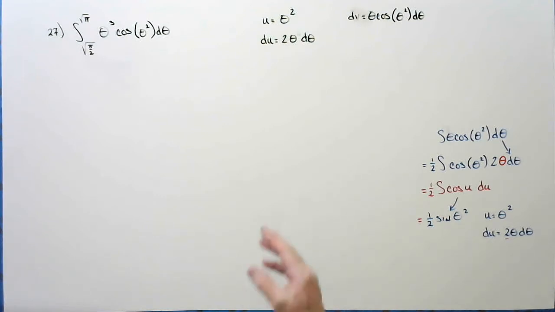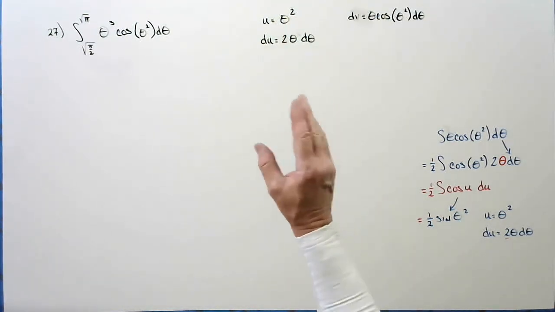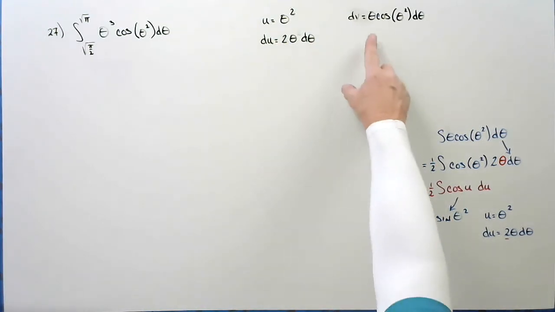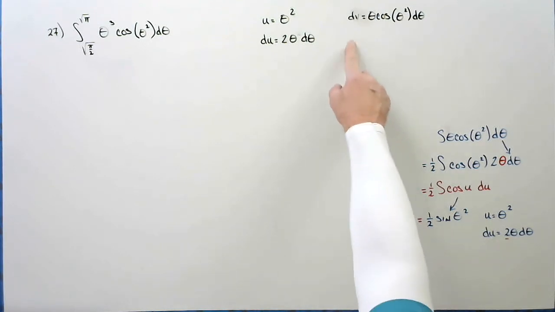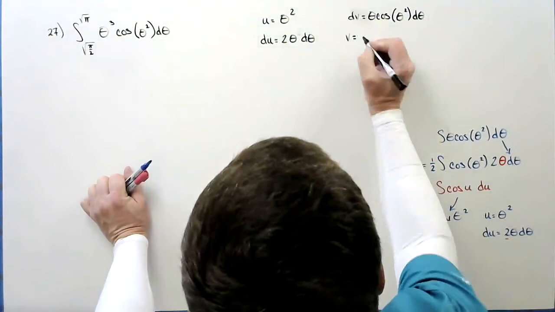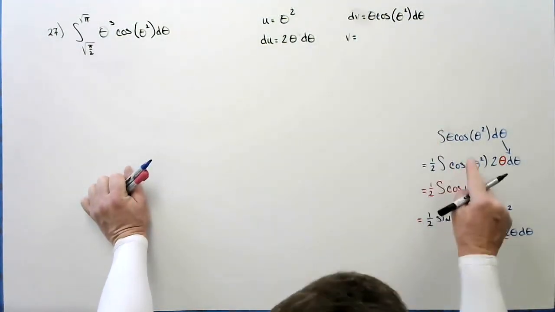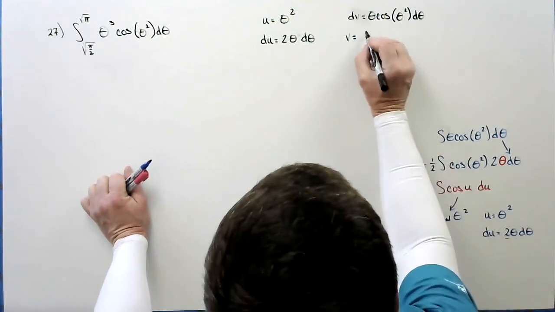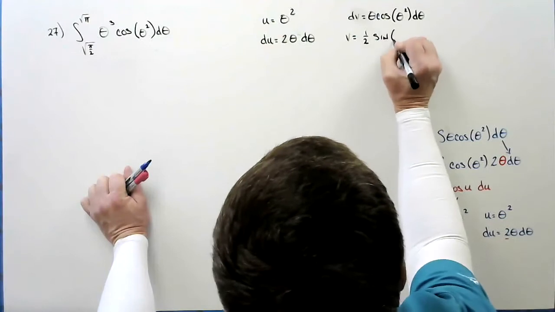We put all 3 of them for u, when what we needed to do was use 2 of them for u, save the third one for over here so that our u sub worked when we were calculating v. And now we know what v is. v is 1/2 sine theta squared.